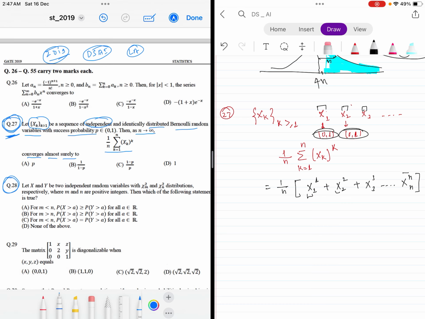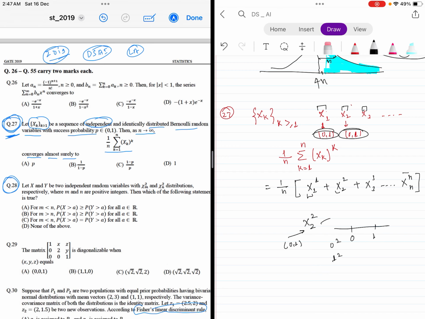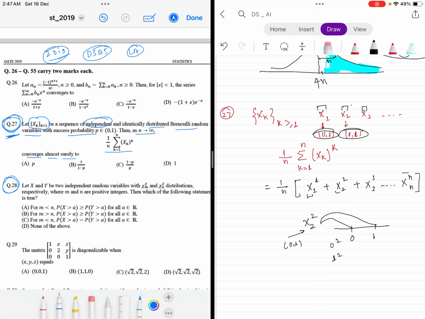So x2 square will also be a random variable, and 0 square is 0 and 1 square is 1, so it will again map to either 0 or 1. So if this is Bernoulli, then this will also be Bernoulli, because it can take 0 or 1 only.